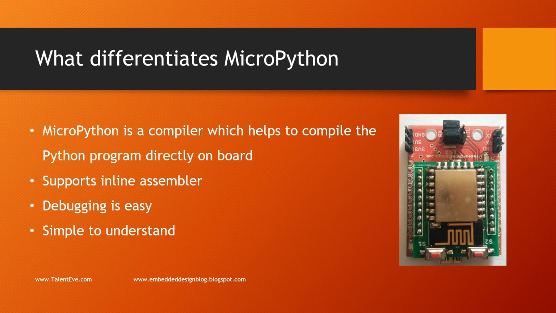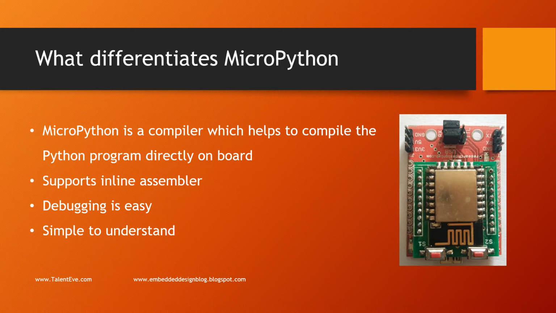One of the major points of differentiation of Python with respect to other languages is the ease of understanding, where a simple person who doesn't know anything about programming can write a program in Python. That's how simple it is. MicroPython also makes it easier.